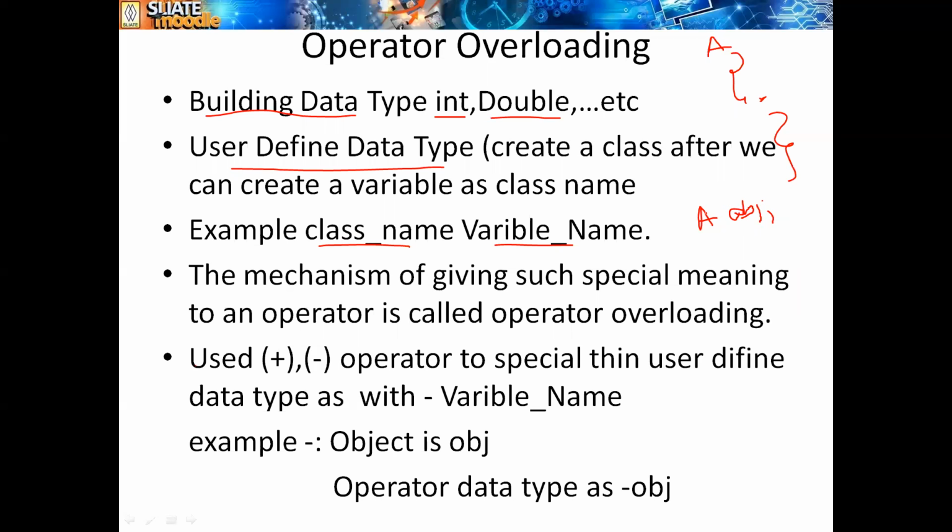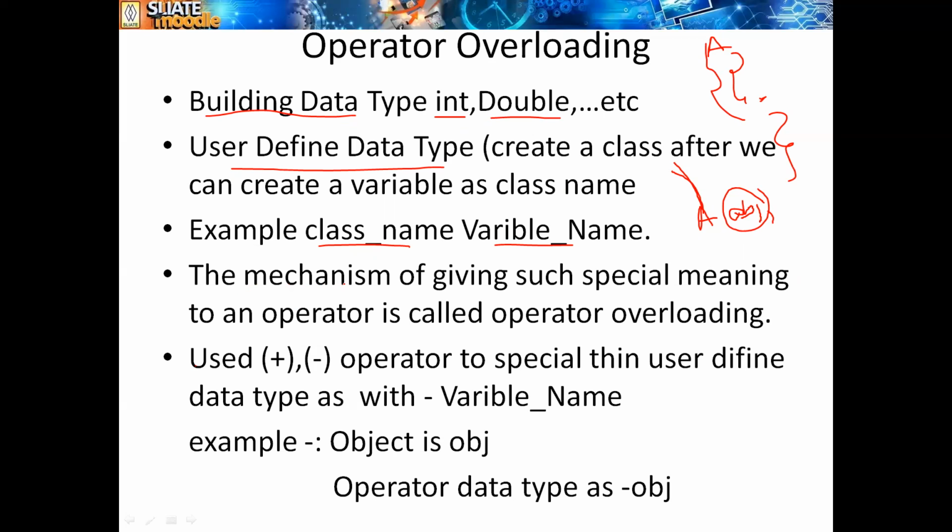Class A is a user-defined data type. Class A is what I define, I create. A is the variable of that user-defined type. Integer, double, float like this are built-in data types.